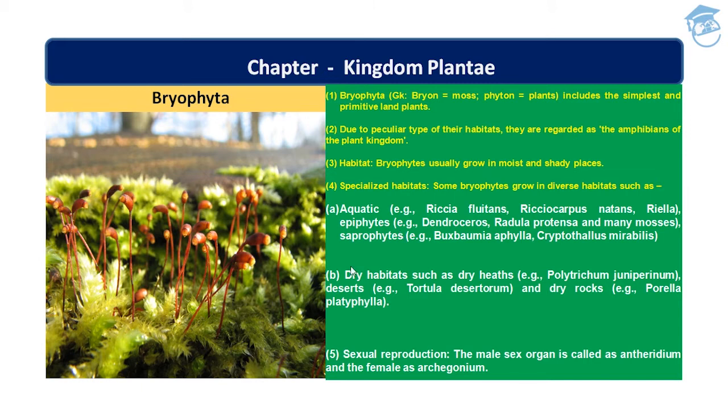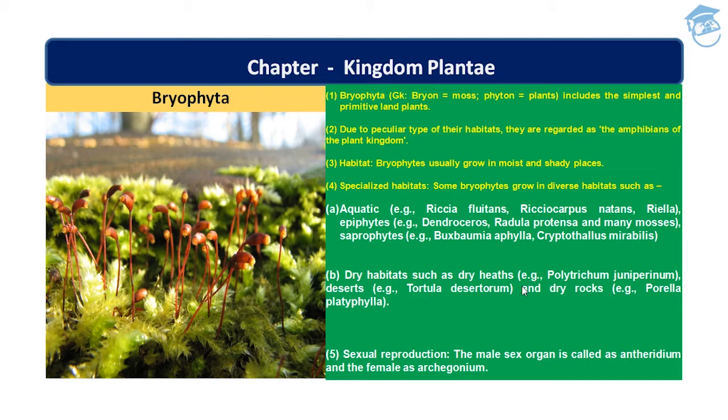Now if we talk about dry habitat plants, such as on dry heaths, for example Polytrichum, deserts, Tortula, and dry rocks, Porella. So they thrive in dry habitats, in xerophytic conditions. That's the reason they are regarded as amphibians of the plant kingdom.